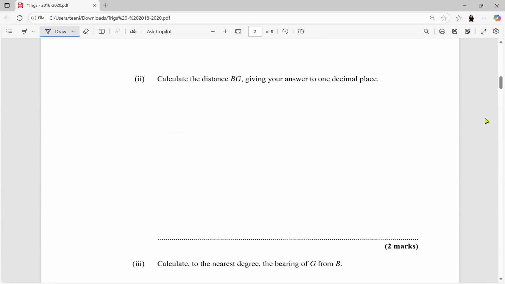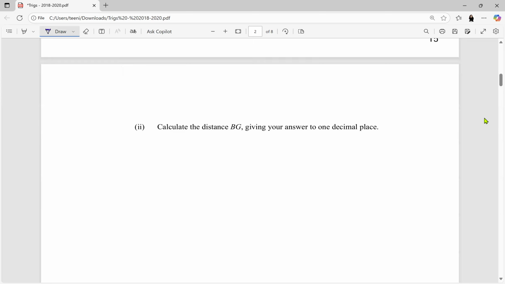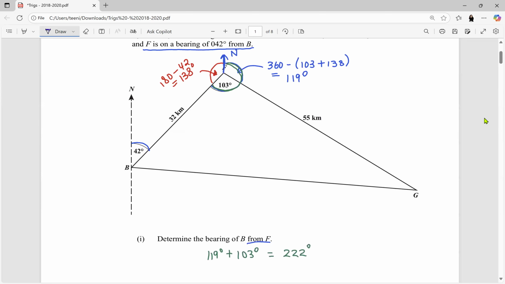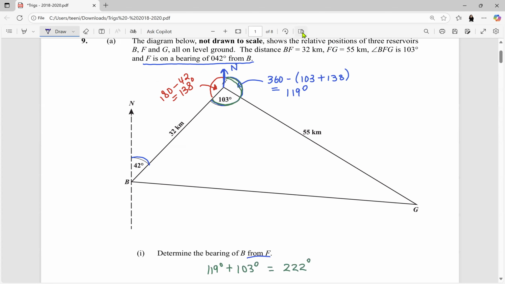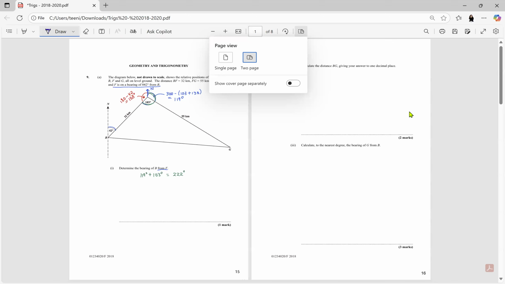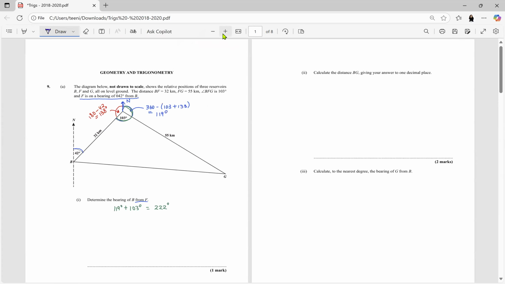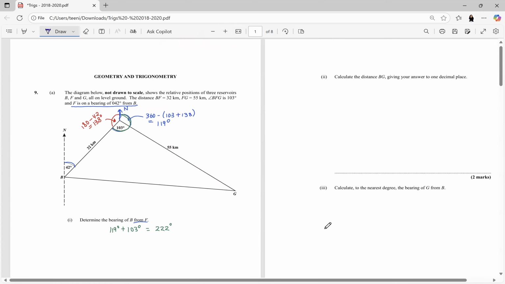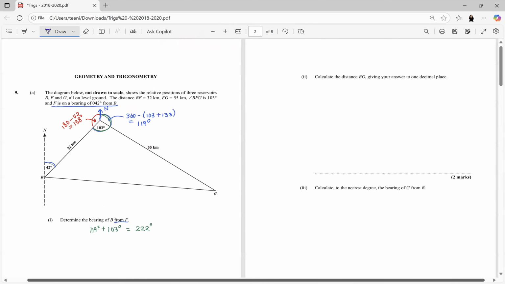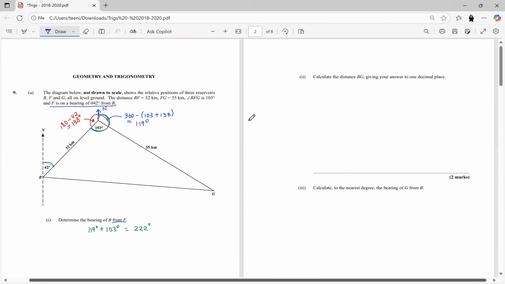It says calculate the distance BG, giving your answer to 1 decimal place. So let's go back and look at our triangle here. Actually, let me put the screen on 2 page so I could see it. Well, where's BG?